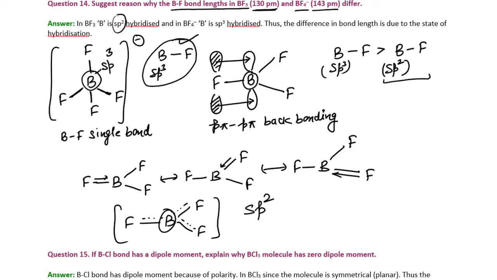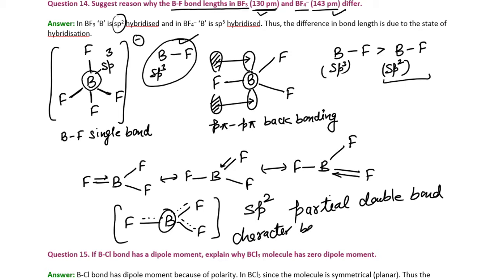That's why the BF bond length in BF4- is 143 picometer and in BF3 is 130 picometer due to sp2 hybridization and partial double bond character because of p pi back bonding.